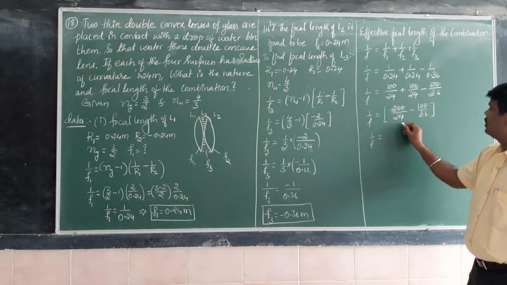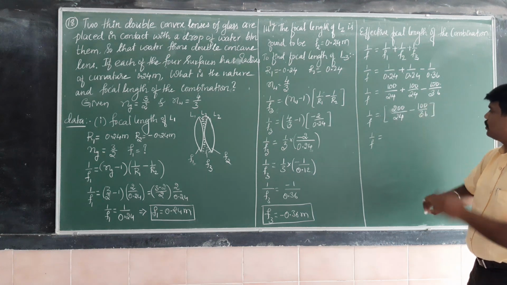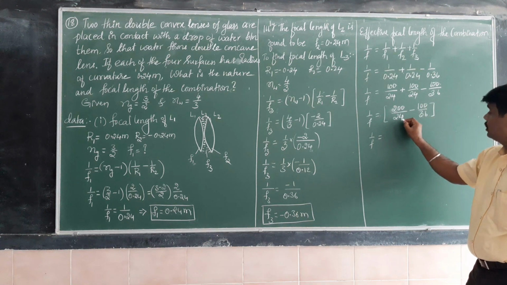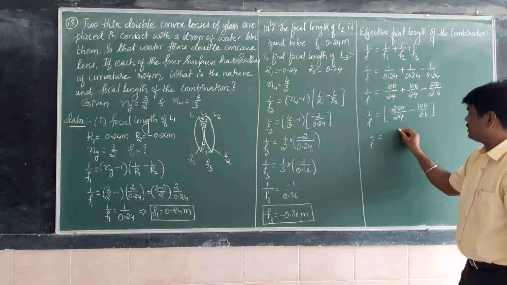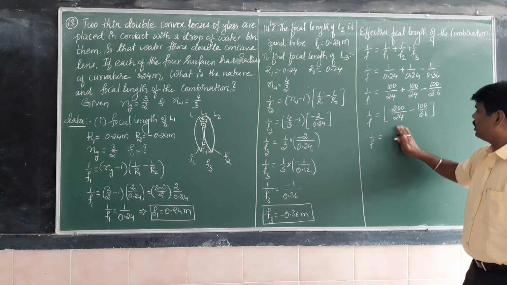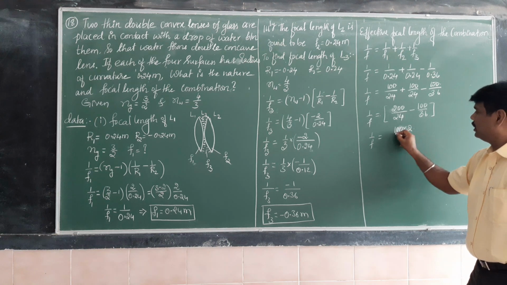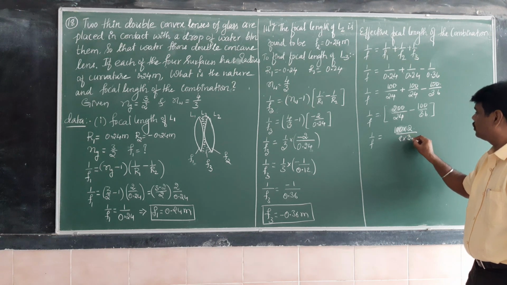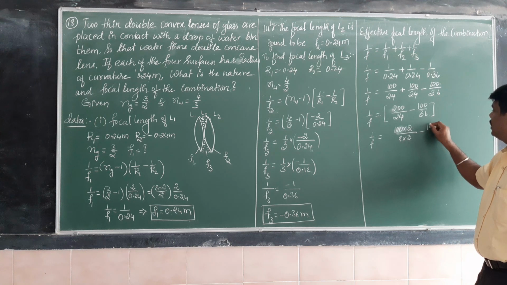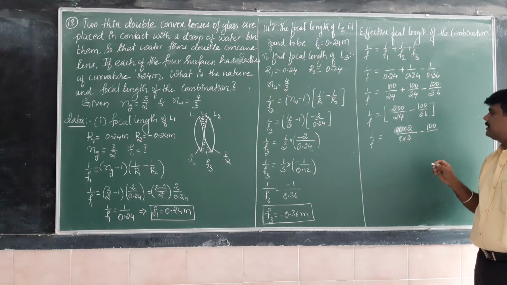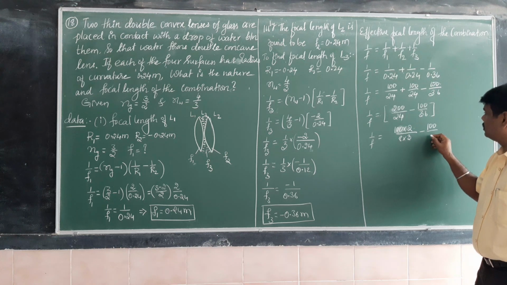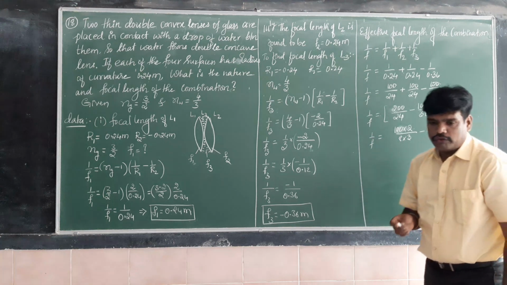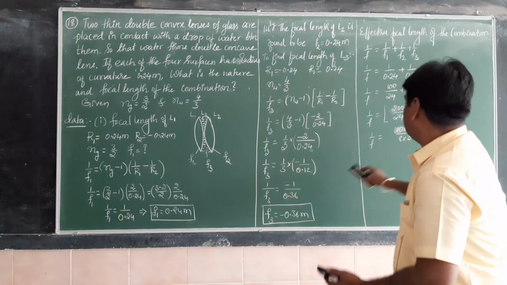If you take the common factor, 100 is a common factor, here 3 is also a common factor. 24 is 8 threes, 200 can be written as 100 into 2 divided by 24, minus 100 divided by 36 can be written with 3 times cancelled, or better you go directly and use the calculator, it helps to simplify this.